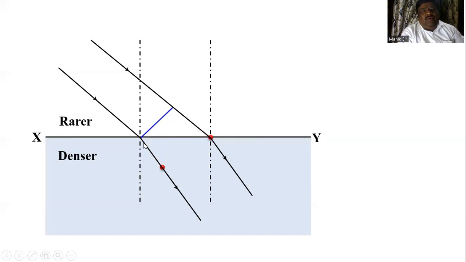Okay, again it goes into the other medium. But see what happens here. This particular point on surface XY, which is separating the two media, acts as a secondary source of light and it will start to send out secondary waves.